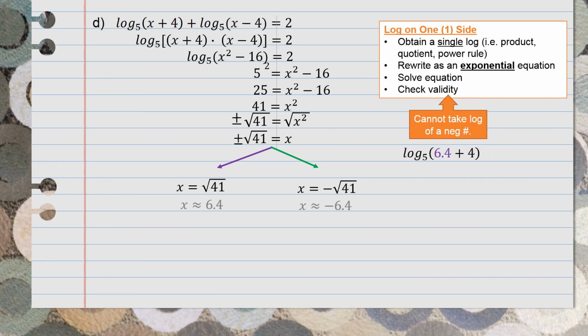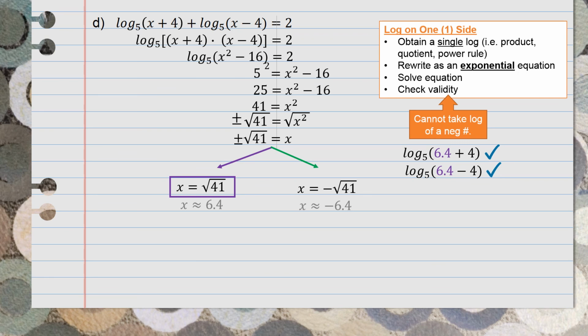For the first value, log base 5 of x plus 4, if I plug in the first value of 6.4 for x, I just want to make sure the value I'm taking is positive. 6.4 plus 4 is positive. If I plug that same value into the other log, this time I get 6.4 minus 4. Is that still positive? Yes, which means I can keep that solution.